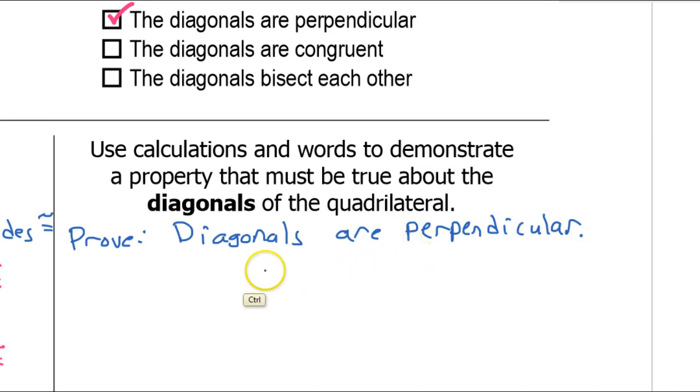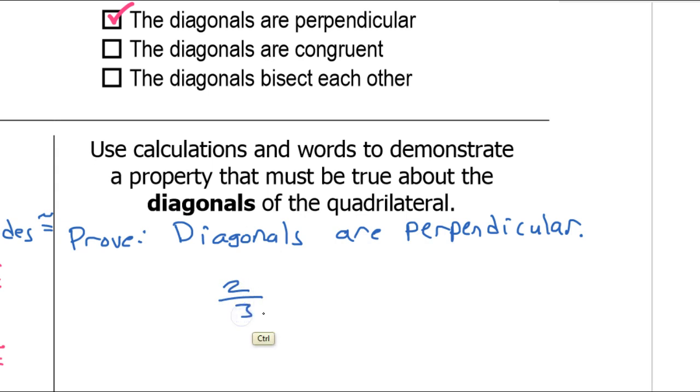This is my strategy. I'm going to find the slopes of all the sides. No, strike that. I'm going to find the slopes of the diagonals. If lines are perpendicular, then their slopes are opposite and reciprocal. So I'm going to check the slopes, and see if they are opposite and reciprocal. And here's what I mean by opposite and reciprocal.